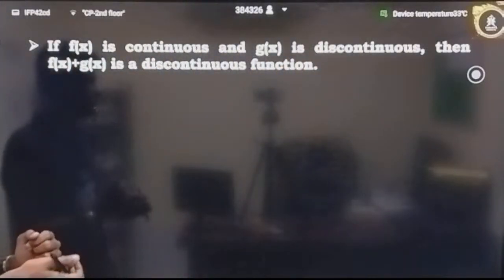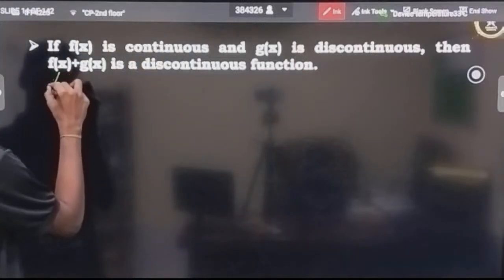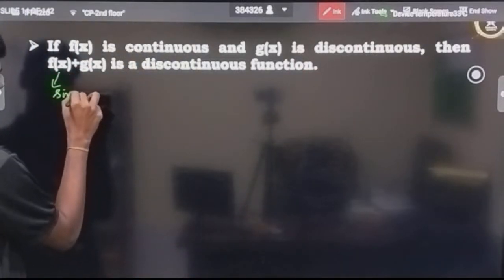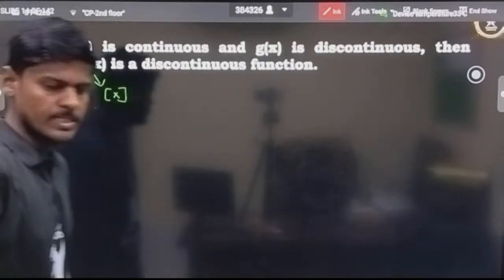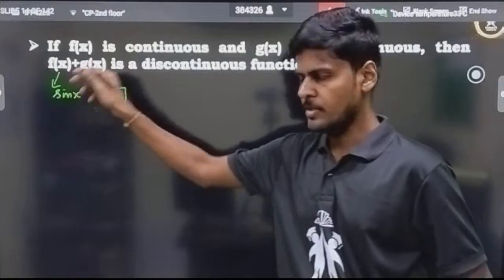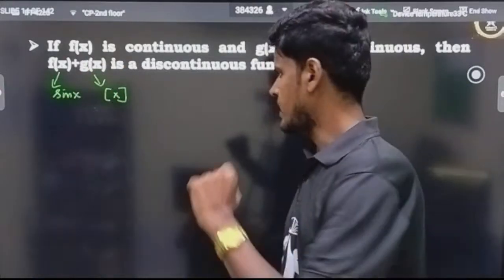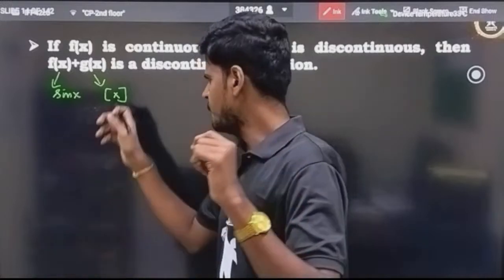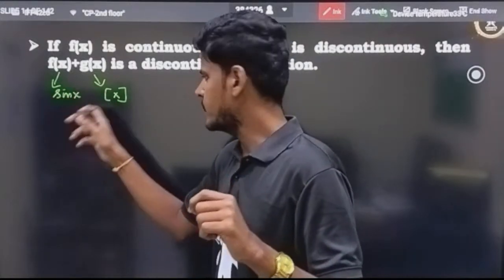Let's take f of x equal to sin x and g of x equal to box of x. Now if we add these two, will it be continuous or discontinuous? Obviously it will be discontinuous. f of x is continuous, sin x we already know.